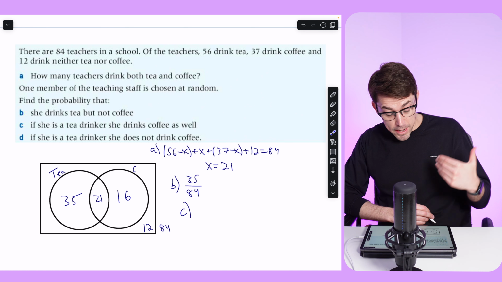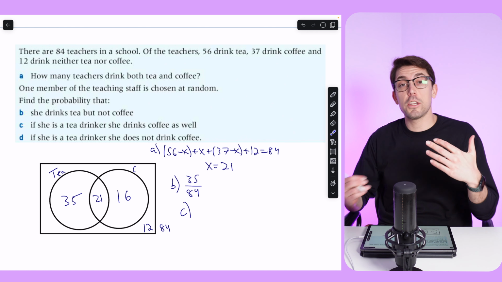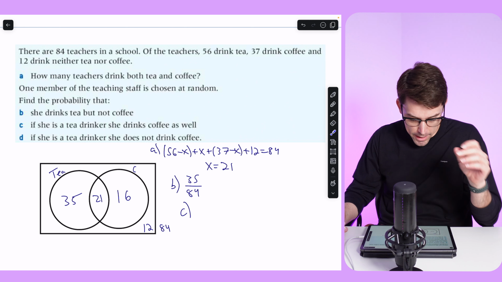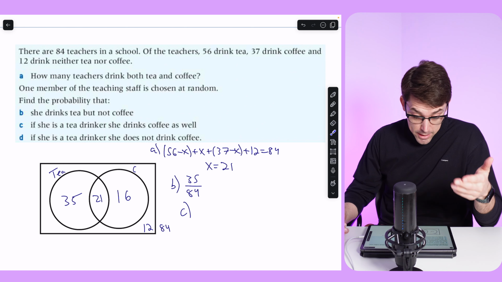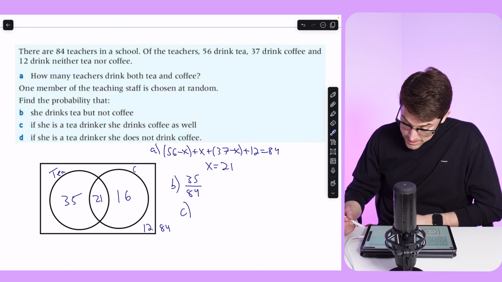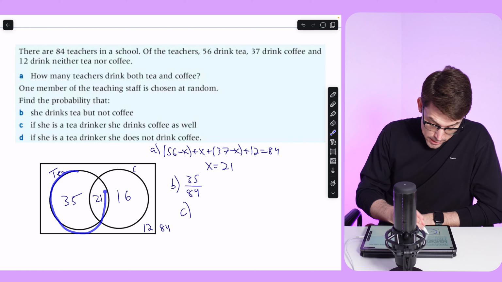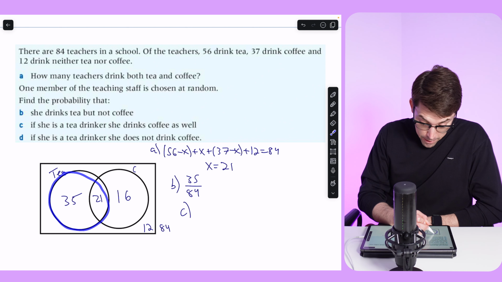Let's find the probability that if she's a tea drinker, she drinks coffee as well. This is a conditional probability statement, even though it doesn't say given that. If she is a tea drinker, or given that she is a tea drinker, she drinks coffee as well. Meaning we are selecting out of this pool of candidates, so we have 35 and 21.